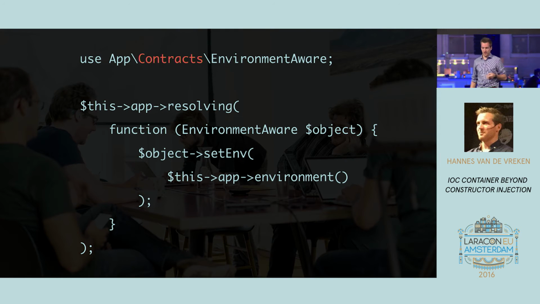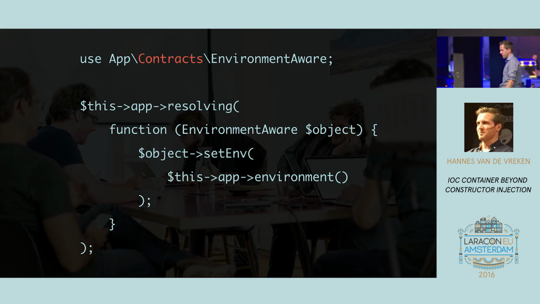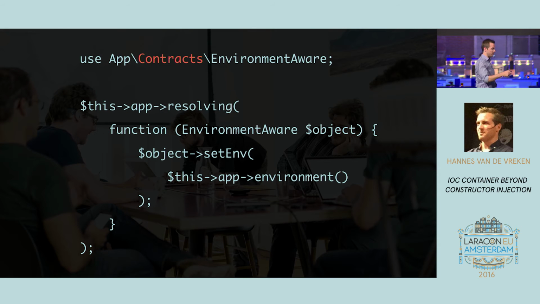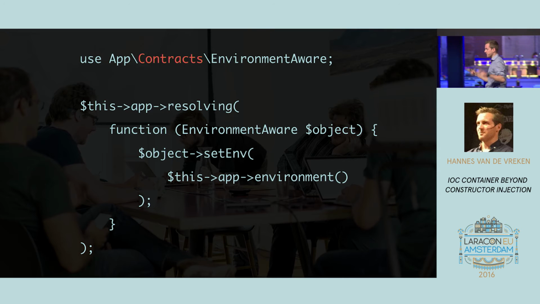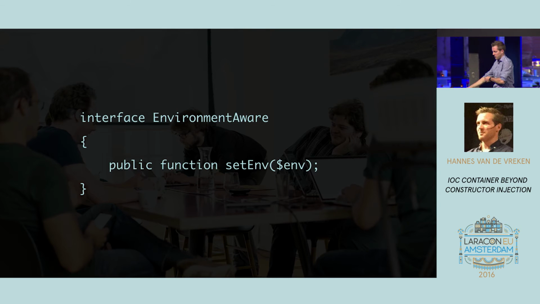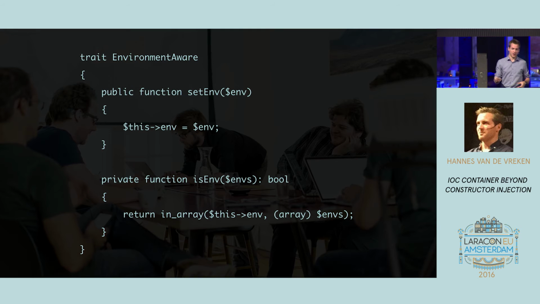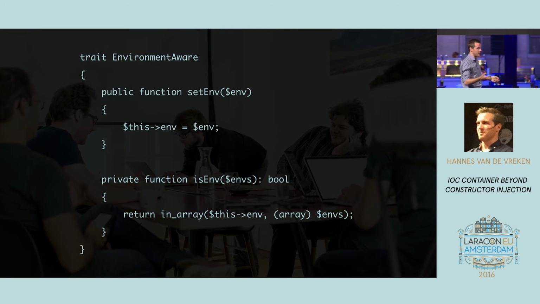If you go look at how we set that up in our IOC container resolving process, we can use container events to, when some environment-aware object is being resolved, then set the environment. Use this app environment to get that environment key and inject that via method injection by using setEnv on that environment-aware interfaced object. So we can use this interface, and we can use this trait to actually set that functionality on any object we want.